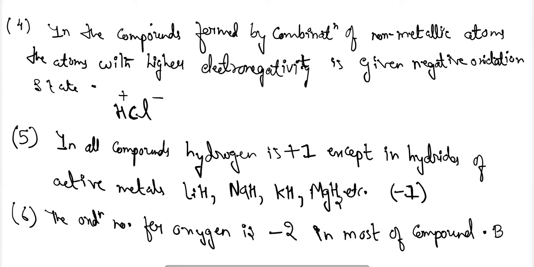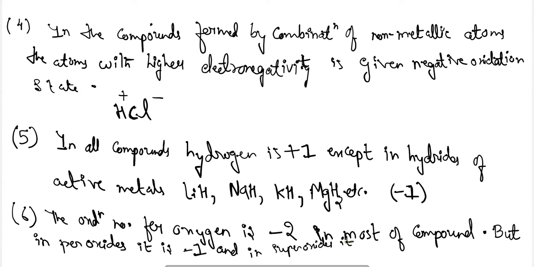However, in peroxides it is minus 1, and in superoxides it is minus 1 by 2.